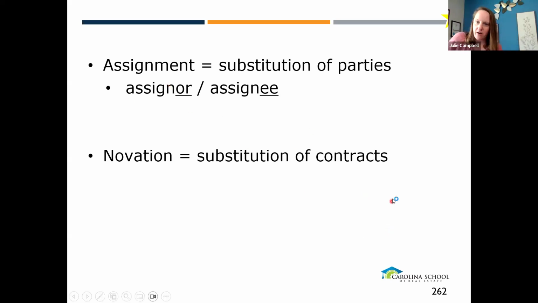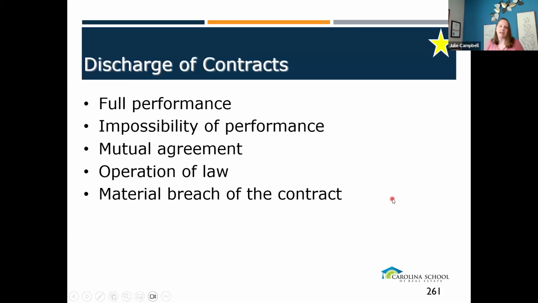The discharge of contracts, or how contracts end. Again, basic contract world. Probably the most common way for a contract to end is full performance, once both parties have done what they agreed to do and both terms have been fulfilled.